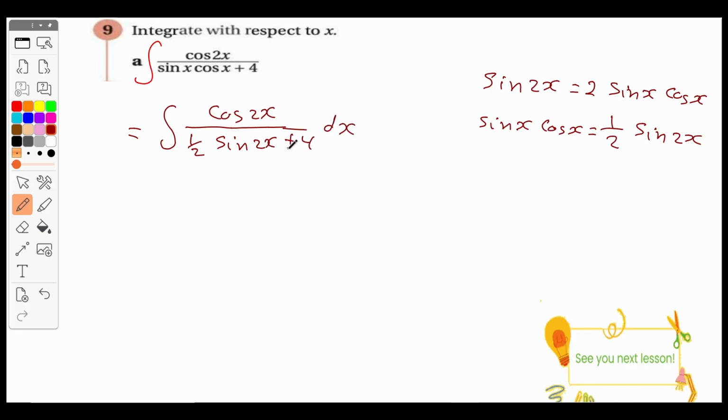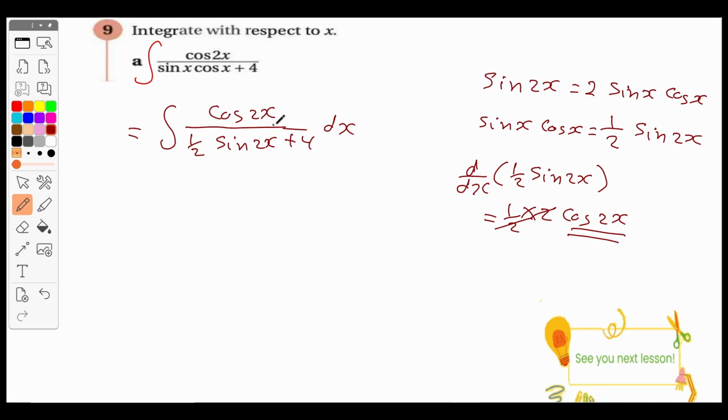Okay, now think of what is the derivative of half sine 2x. d/dx of half sine 2x is equal to what? Just keep half as it is and multiply that by 2. The derivative of 2x is just 2. The derivative of sine 2x is cosine 2x. 2 and 2 will be cancelled, so it will be cosine 2x that is written here in the top.